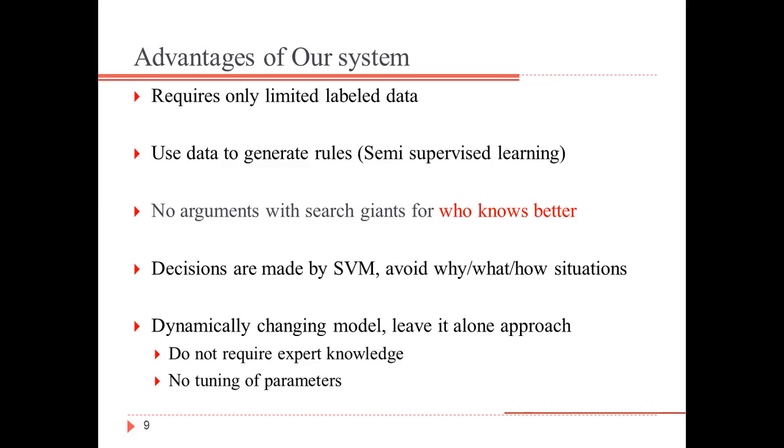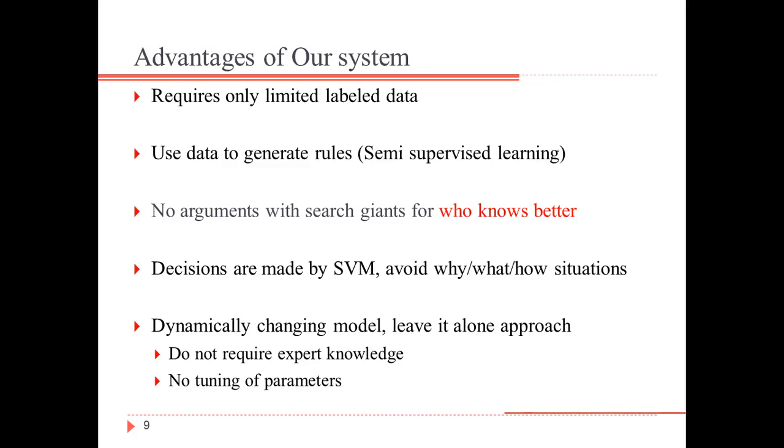We do not need human experts to sit and go through every single click recorded in a web page or in a click campaign. Second, our model generates rules for us, but not vice versa. We call this model semi-supervised learning.